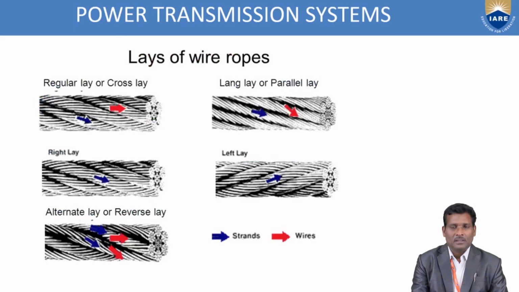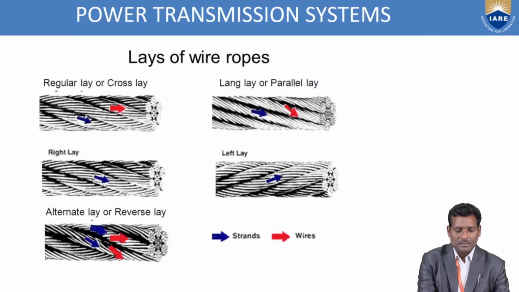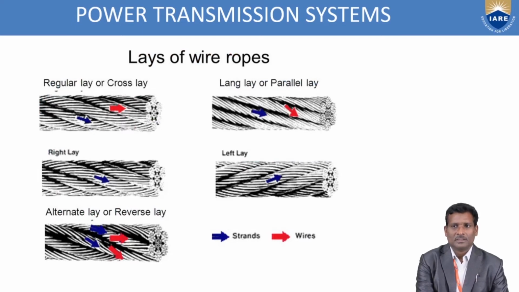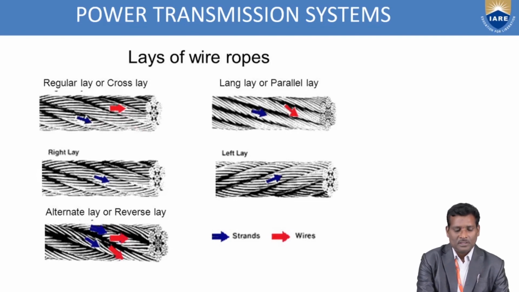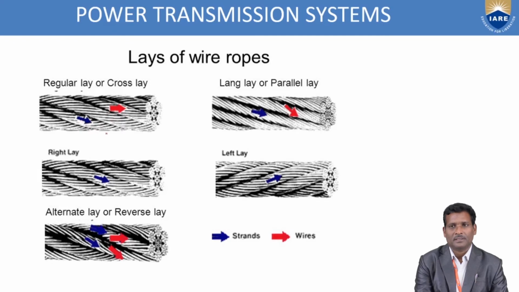This is clearly given in the diagram on this slide. In the regular lay or cross lay, see the directions: the red arrow indicates wires and the blue indicates strands. In the regular lay the wire direction is like this and the strand is in the opposite direction.